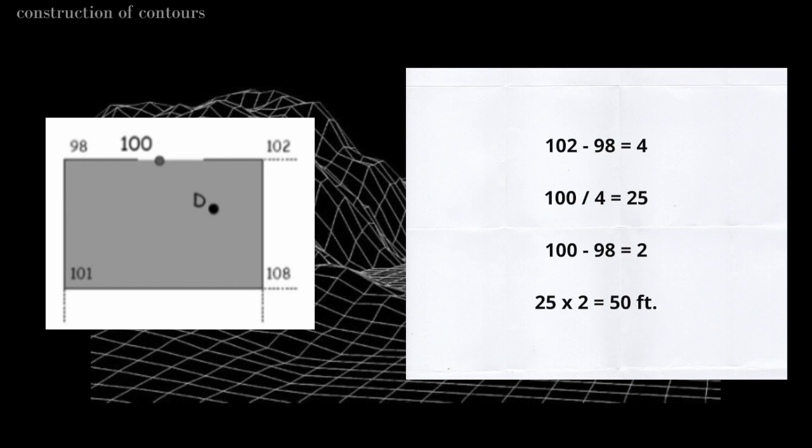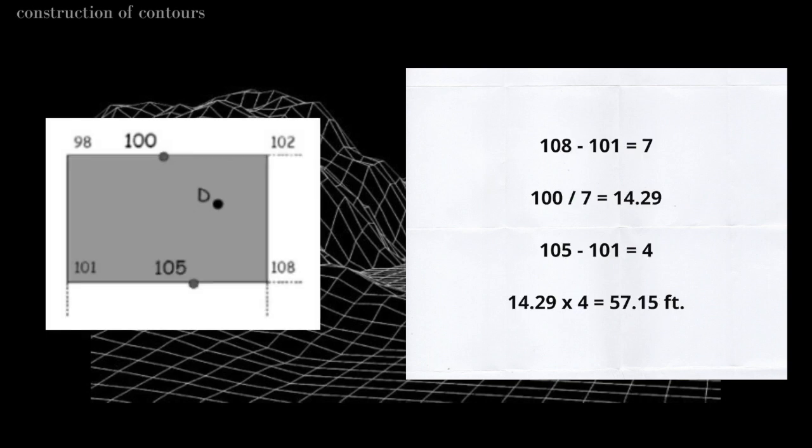To get the point location of the interval, we multiply 25 by 2, and we get 50 feet. After that, we plot it on the map by measuring 50 feet from the intersection point 98, since it has the lower value.